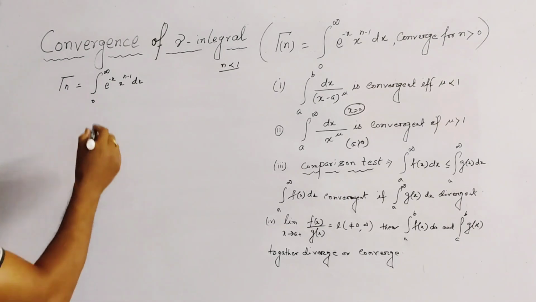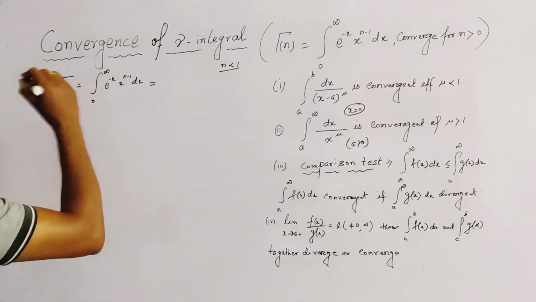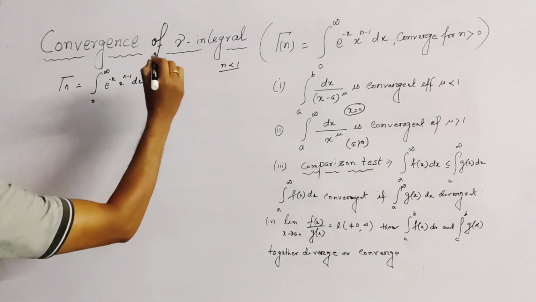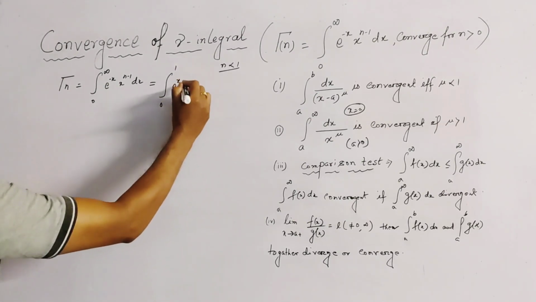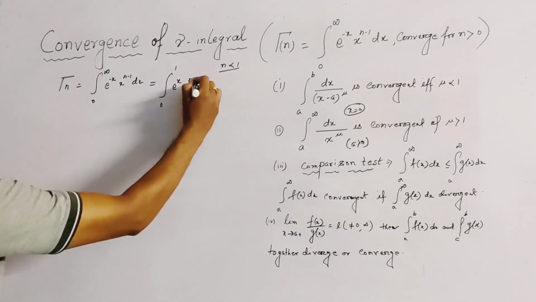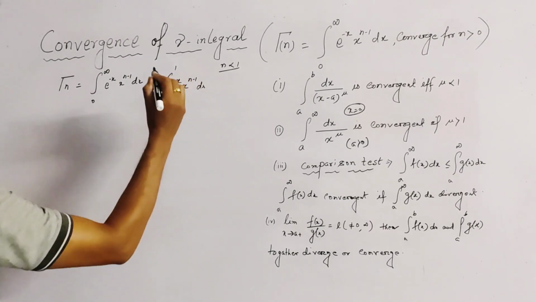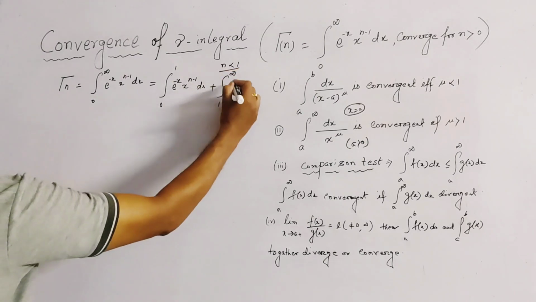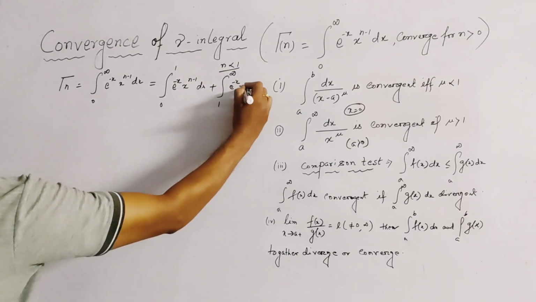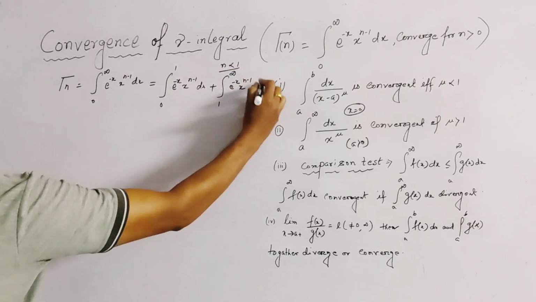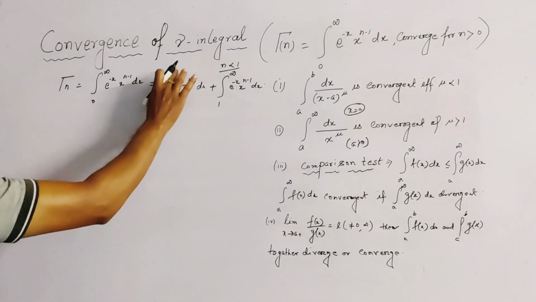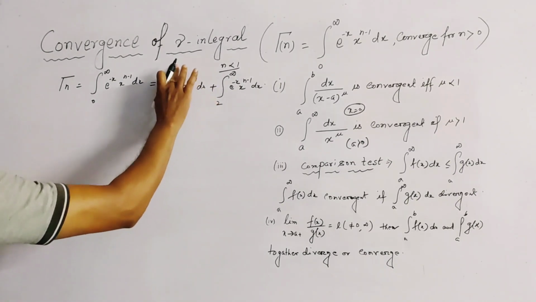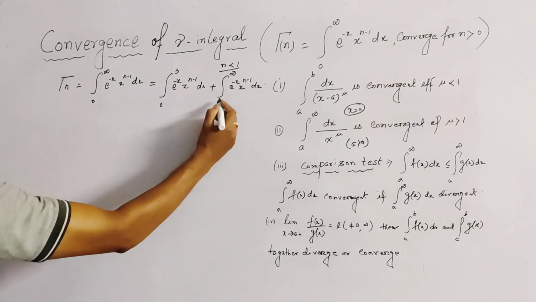So we first split this integration into two parts. The first part is integration 0 to 1 e to the power minus x and x to the power n minus 1 dx, plus the second integration, 1 to infinity e to the power minus x, x to the power n minus 1 dx. We may write this as 0 to 2 and 2 to infinity, or 0 to 3 and 3 to infinity.